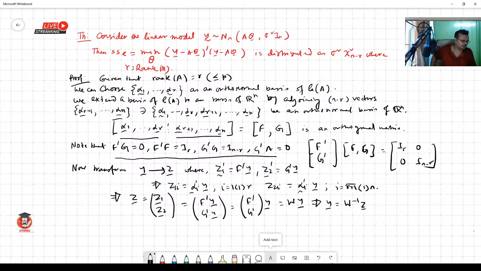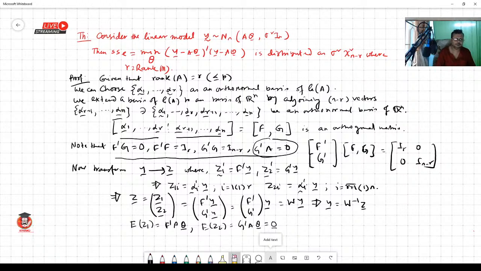Hence expectation of z1 is nothing but F prime A theta curl, and expectation of z2 equals G prime A theta curl, but G prime A is 0, so this should be a null vector.